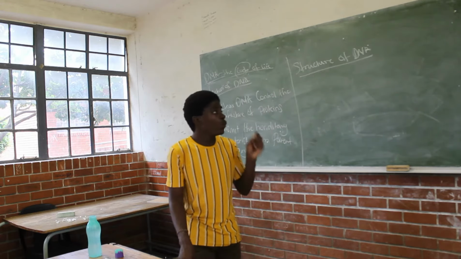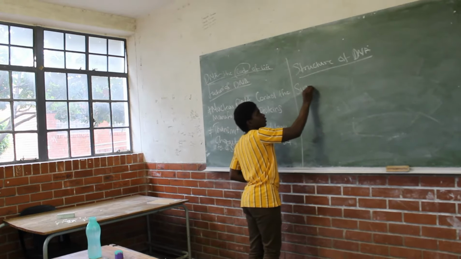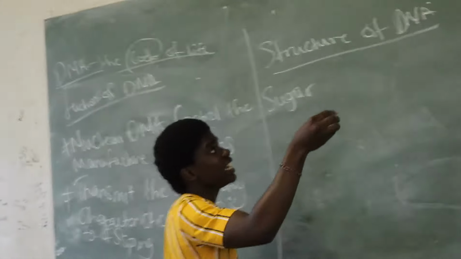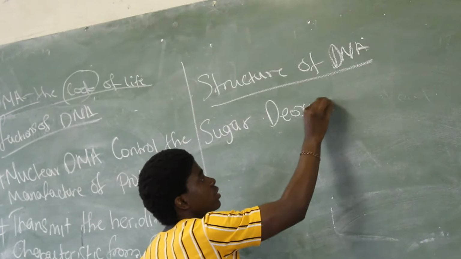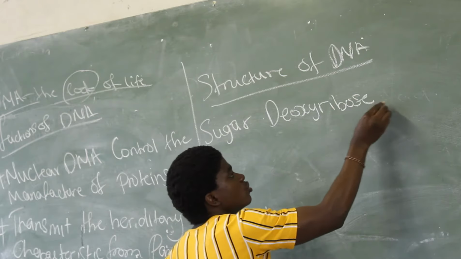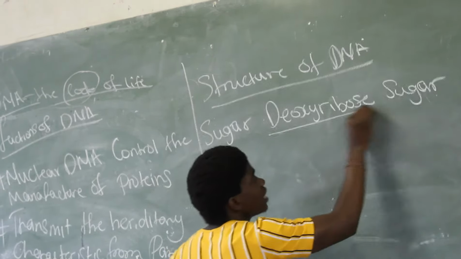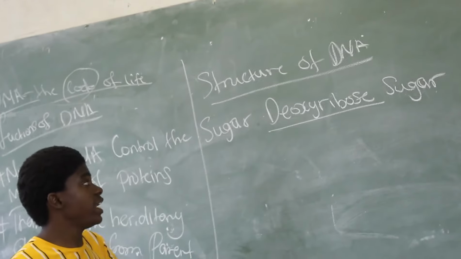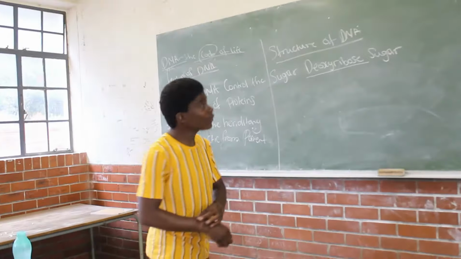So now we have to know the type of sugar that is found in DNA. It's called a deoxyribose sugar. So this is the type of sugar that is found in DNA. It's a deoxyribose sugar.